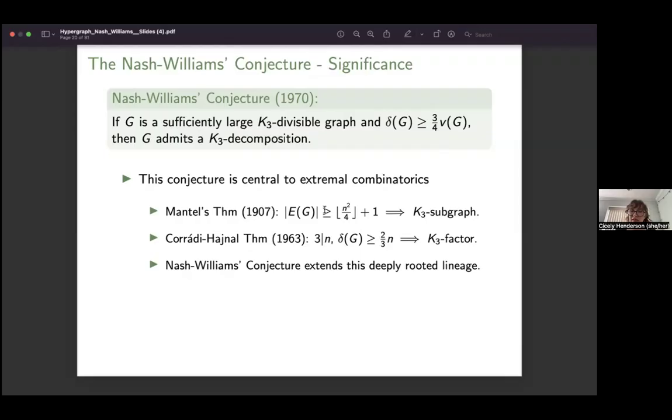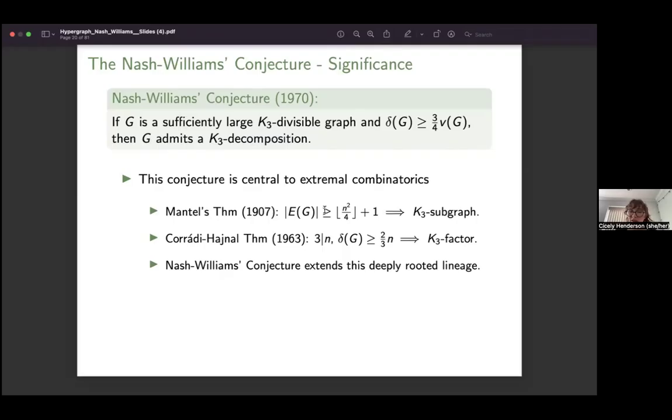Well, then the 1963 result from Corrádi and Hajnal gives a tight minimum degree threshold for the existence of a K3 factor.